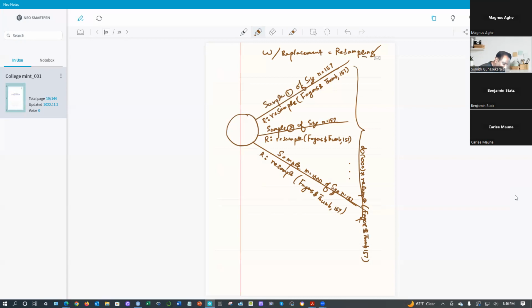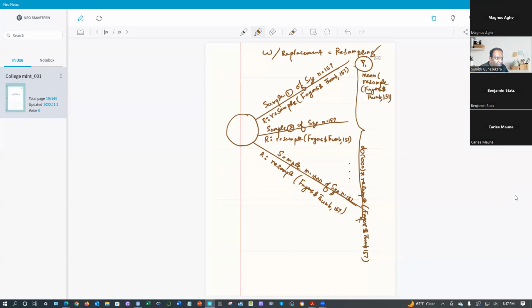Then what are you going to do? You go to this one and you calculate y bar 1. You get the resample and then do the do over here. Y bar means you find the mean of the resample. In R, mean of resample fingers dollar sign thumb, size 157.